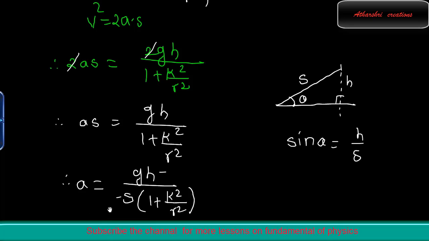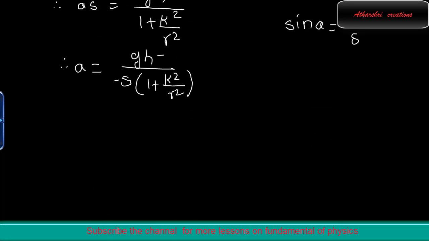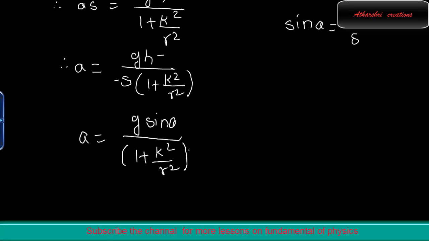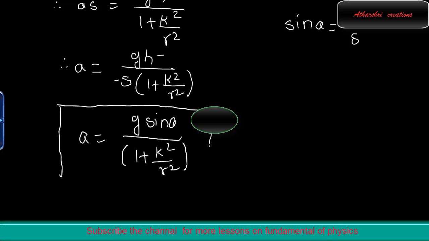The equation becomes acceleration equal to g into sine theta divided by 1 plus k square upon r square. Now see this equation. This is the equation for acceleration of the body when it rolls down over the inclined plane.